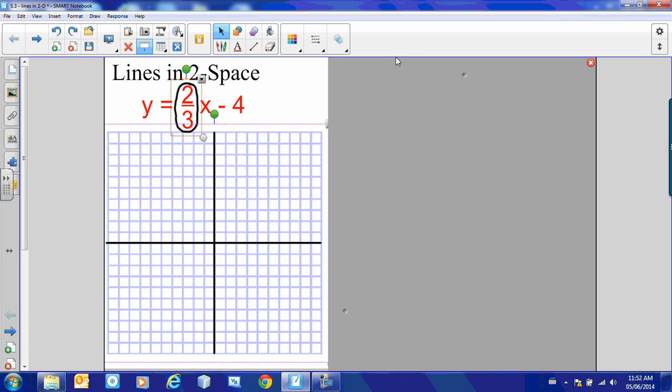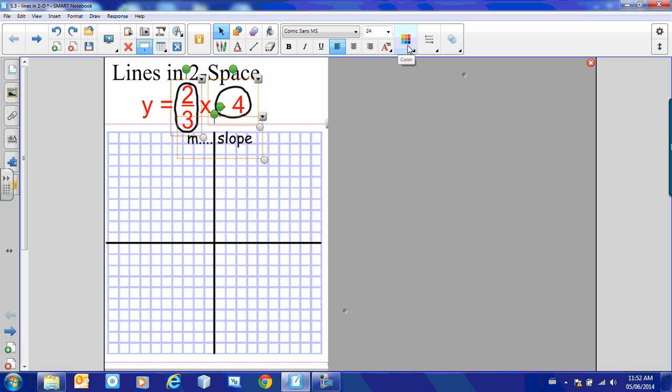So 2/3, one of the key parts of our equation, is of course the m value, the slope, and the -4 is of course our b value, which represents our y-intercept. What those allowed us to do previously was graph.